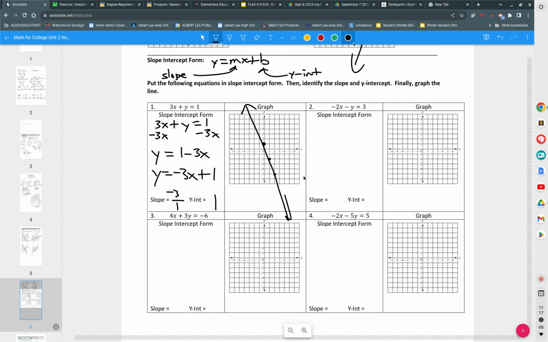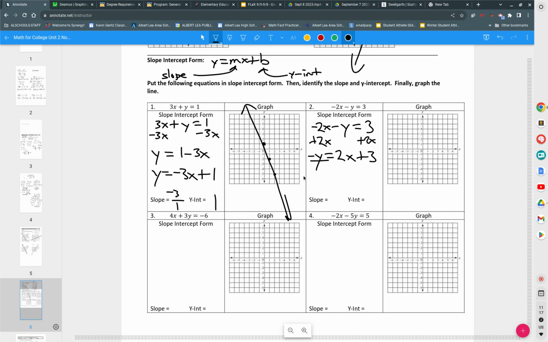For the next one, I've got negative 2x minus y is equal to 3. I start by adding my 2x's to both sides. And I get a negative y is equal to positive 2x plus 3. What do I do now? Divide by negative 1.